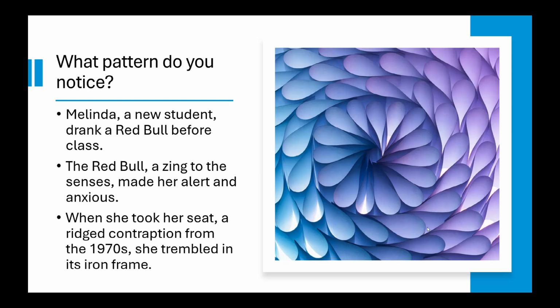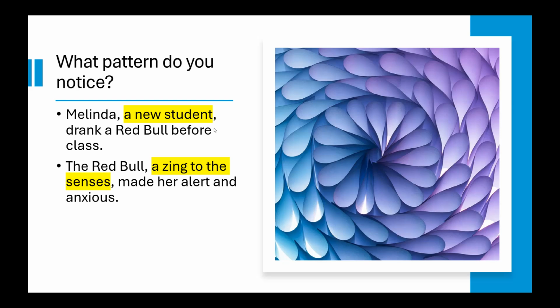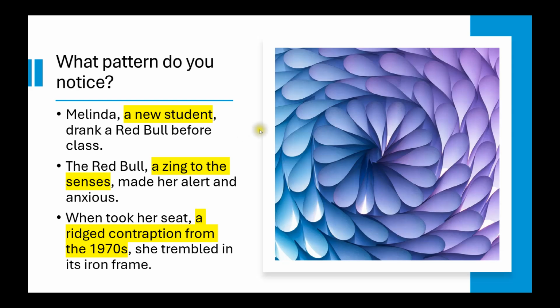What do you notice? If you said that there is a bunch of words offset by commas in between each sentence, you would be right. If you said that that bunch of words renames the subject, you are also right. So notice that Melinda is also a new student. The Red Bull is also a zing to the senses.